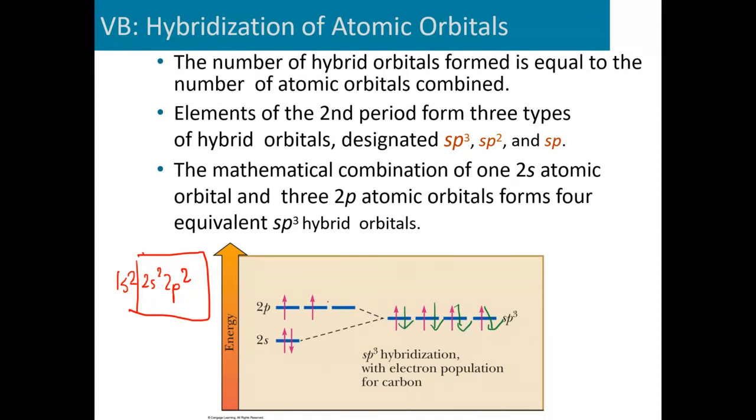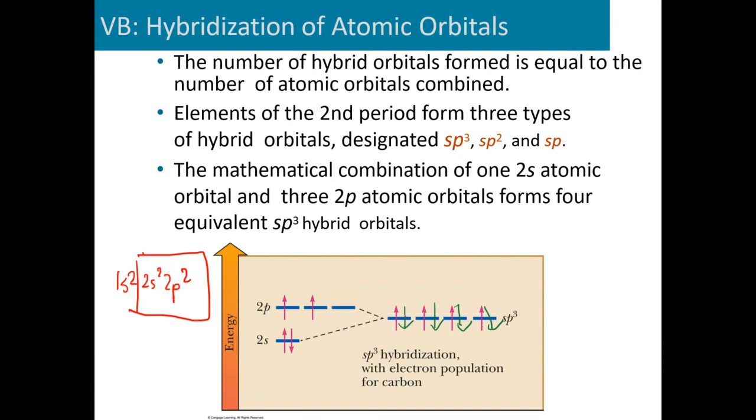So in the normal situation where there is no hybridization, you would expect that the 2s orbital will hold 2 electrons, and the 2p orbitals will hold another 2 electrons.